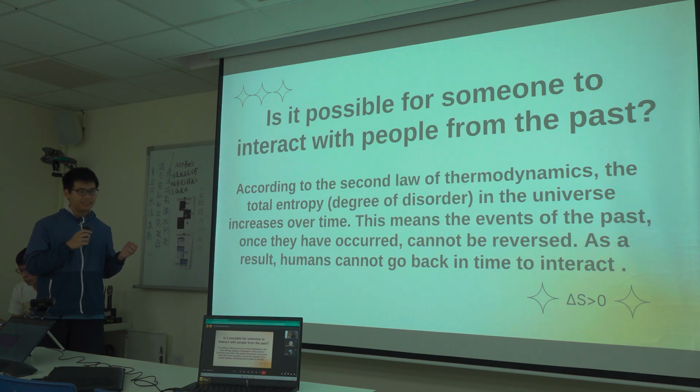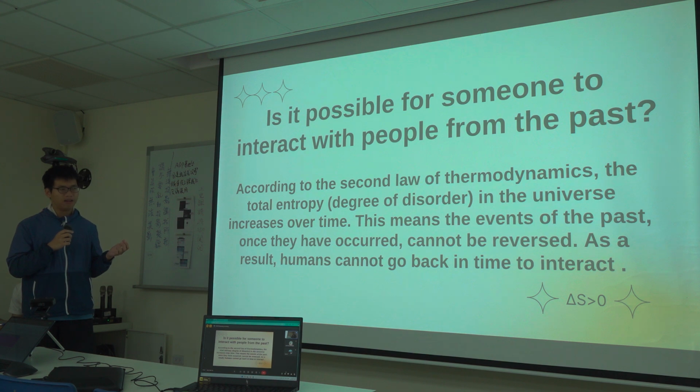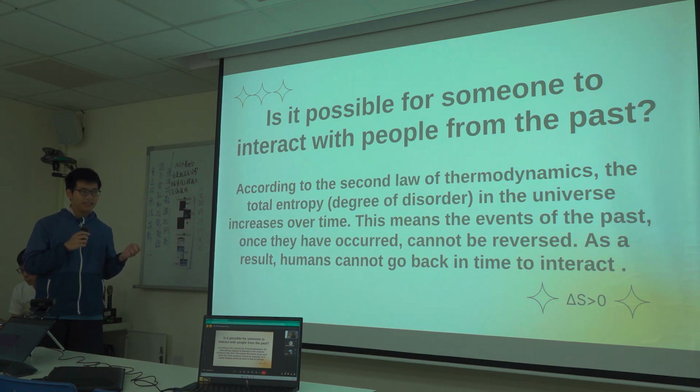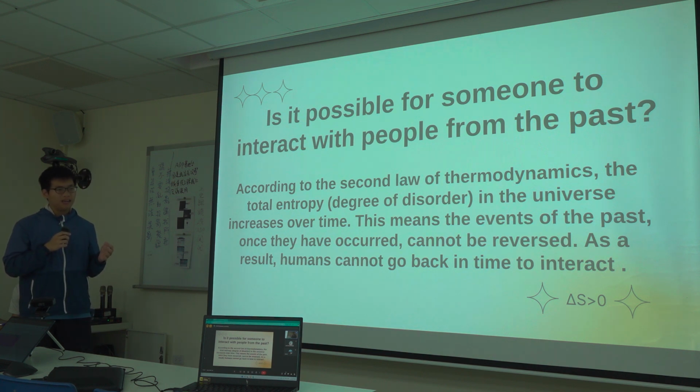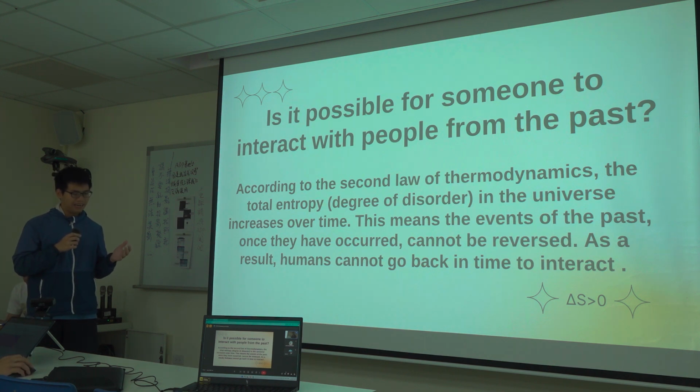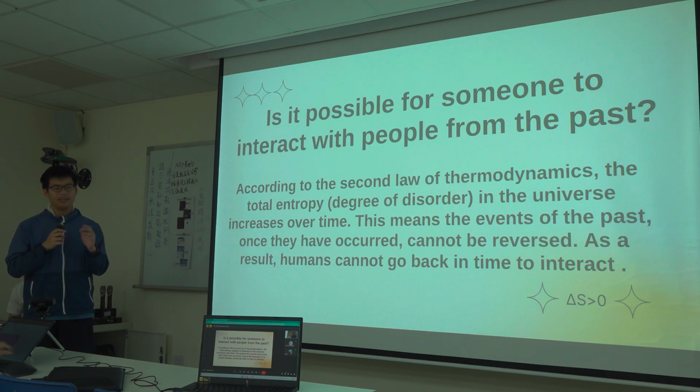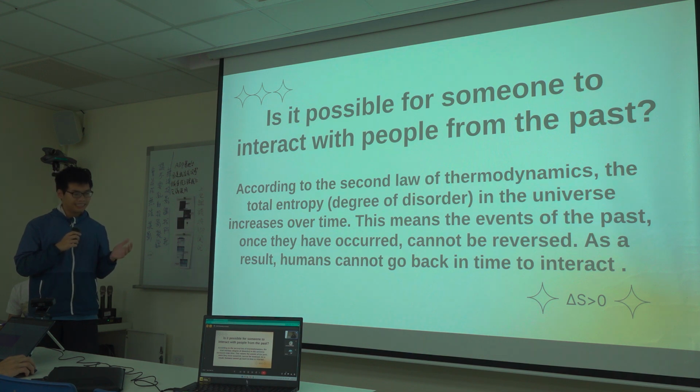And since time travel is also usually talked about with relativity: according to the relativity, the time isn't absolute. So if the object moves very fast, close to the light speed, his time will be very slow.